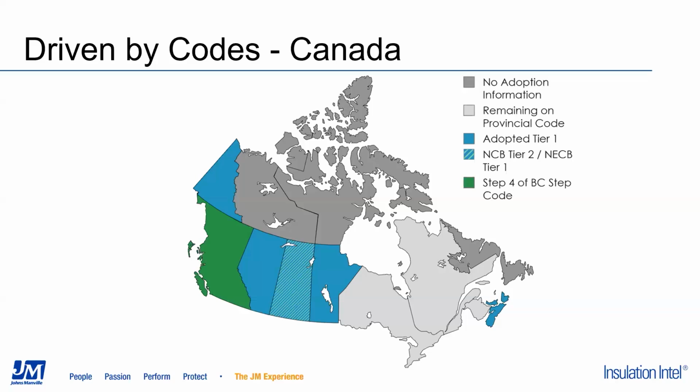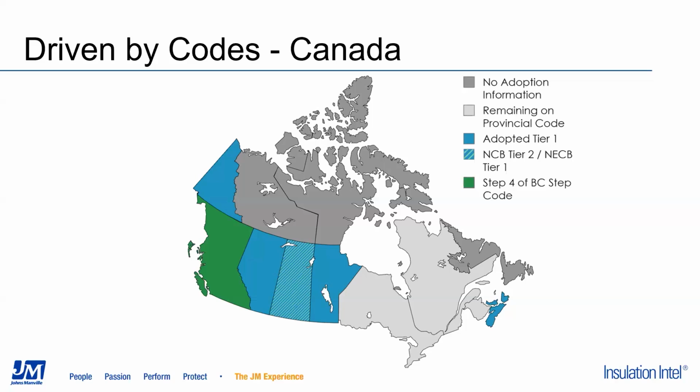The light gray, so Ontario and Quebec and New Brunswick, those provinces have announced that they are currently remaining on their current provincial codes, which are, from what I understand, pretty similar to this tier 1 of the current Canadian code.